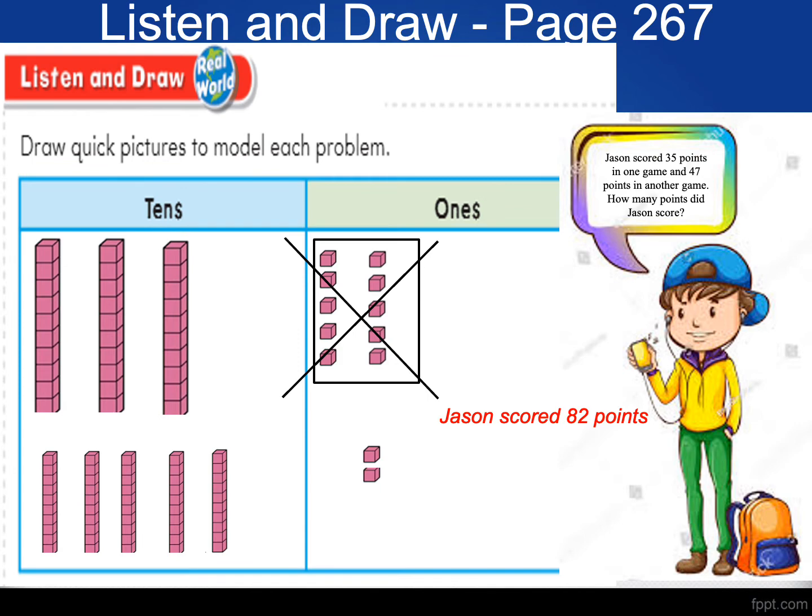So how many ones do I have now? I have 2 ones and I have, count me the tens. Very good, 8 tens. So I have 8 tens and 2 ones. So the answer is 82 points in all. Jason scored 82 points. I hope this was clear to you, children.